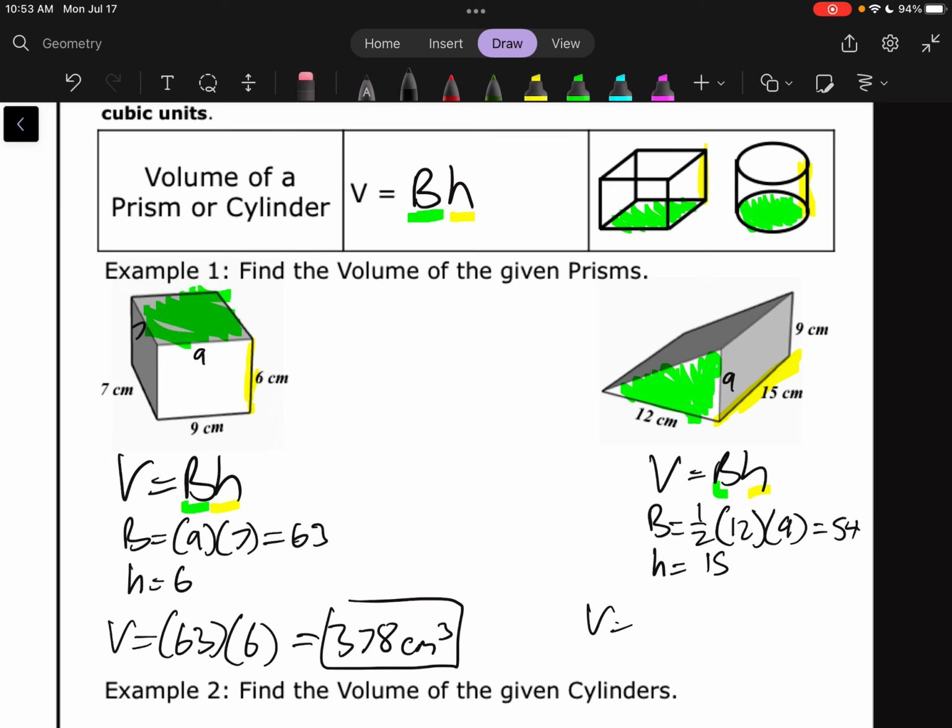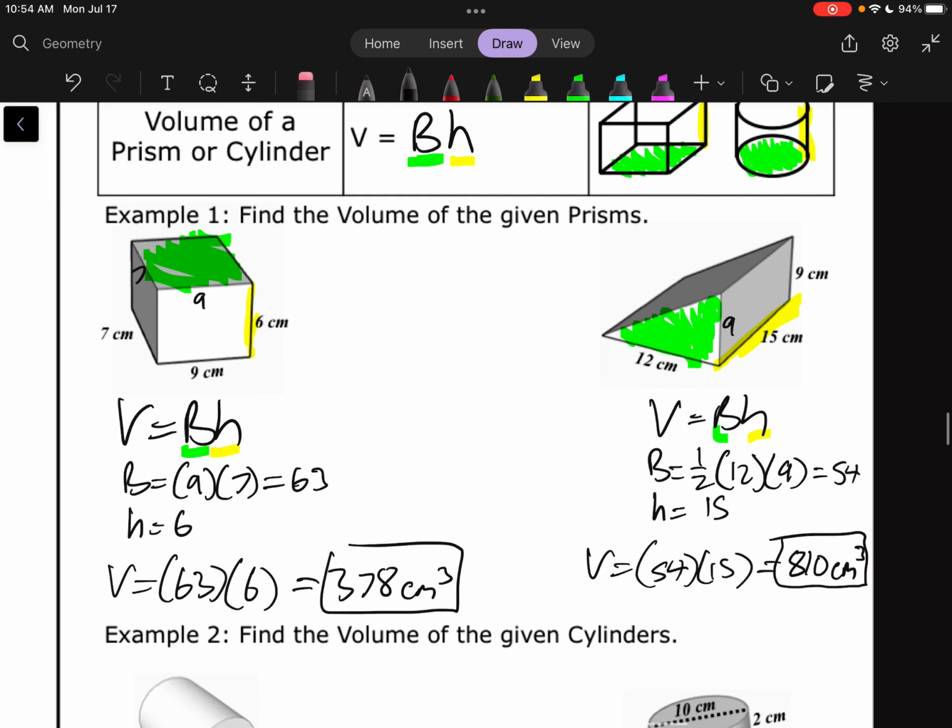So I will do 54 times 15, and I'll get 810 centimeters cubed. Just keep note on that one that I did have to do 1/2 times base times height because my base was a triangle on that second one.